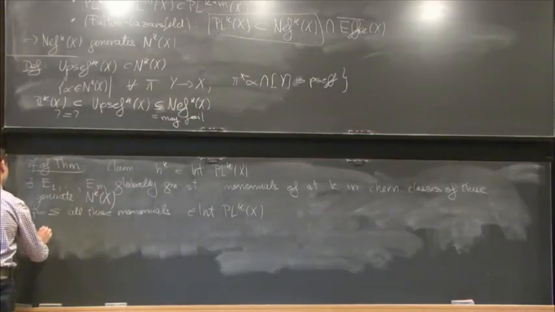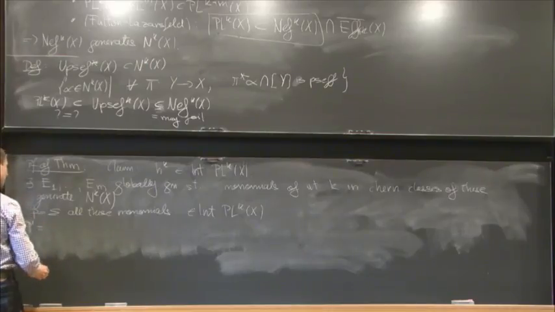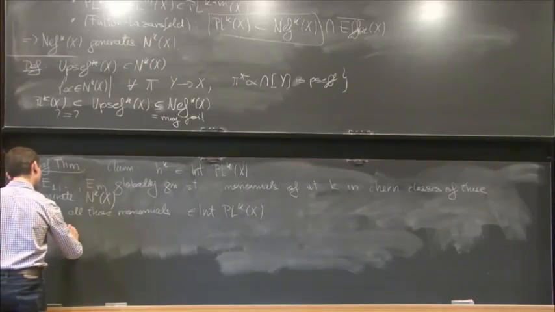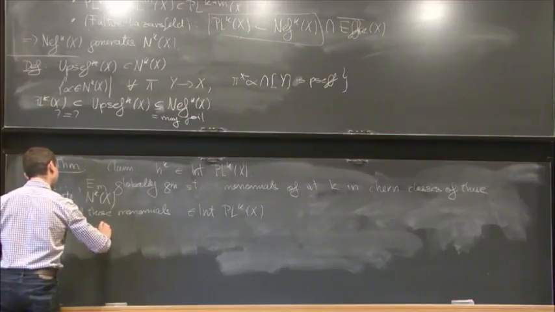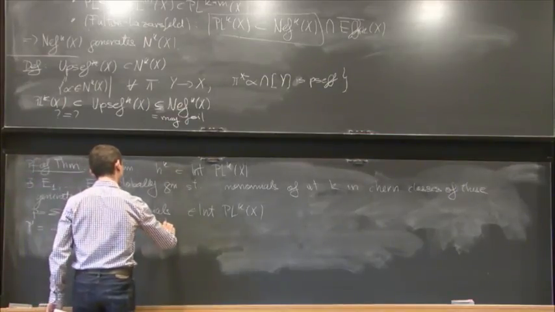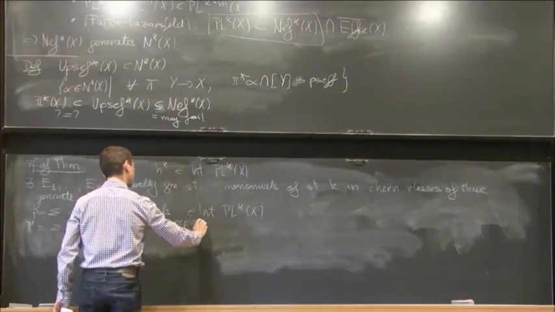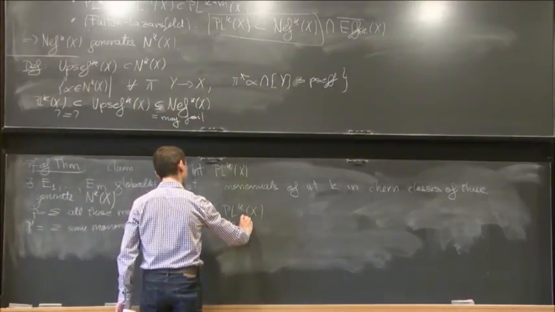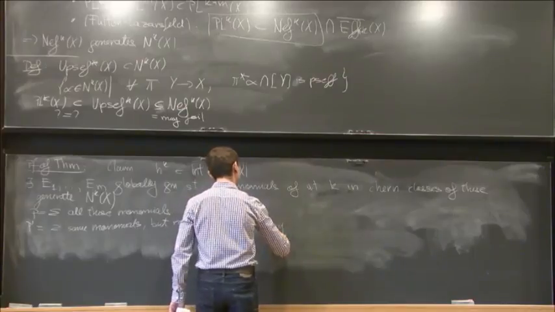So now let's put P prime. So this is the sum of the same monomials, but replace each E_i by the sum of all of them.